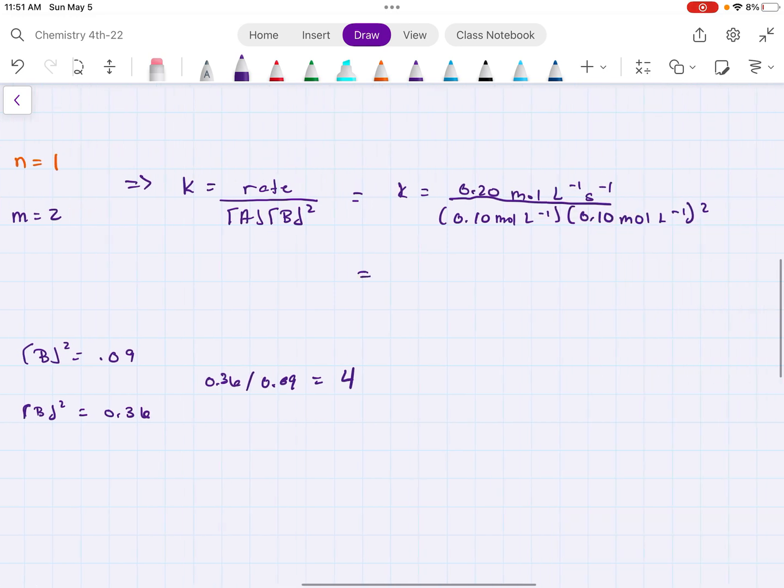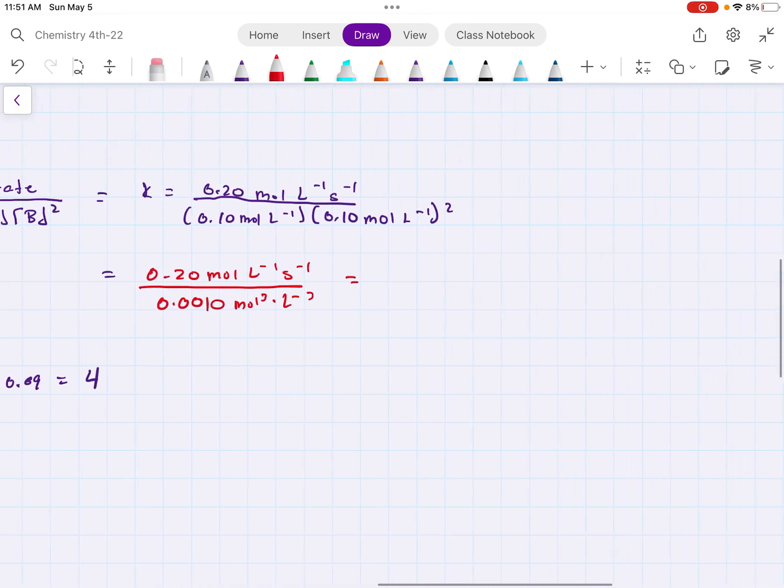So if we simplify this further, we're going to end up with 0.20 moles liters minus 1 seconds minus 1, all over moles 3 times liters negative 3. All right.